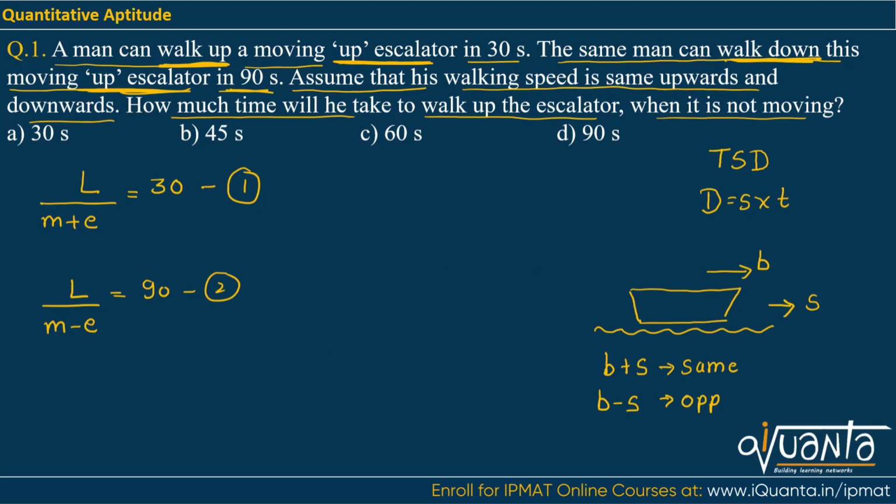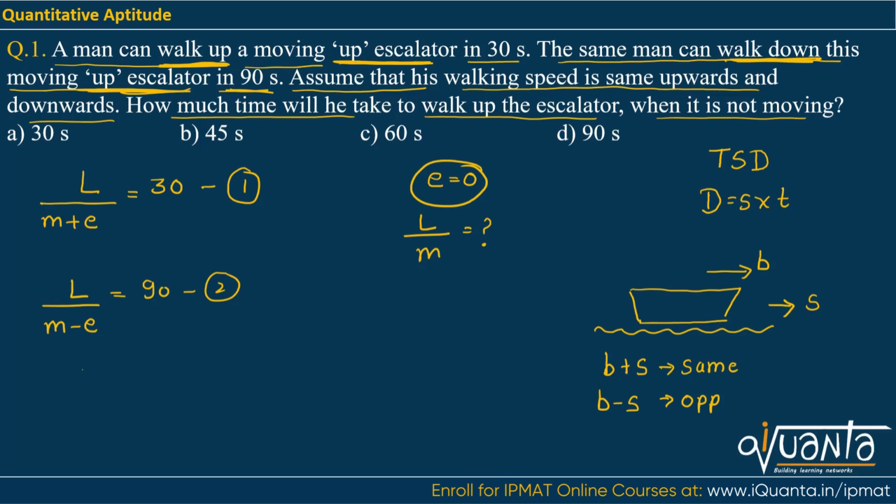Ultimately, we are asked how much time will he take to walk up the escalator when it is not moving. So the escalator is not moving, that means the speed of escalator will be 0 now. So we need to find out when the man is walking up, L upon M, because this is the time that the man will take to walk up the escalator when it is not moving. Its speed is 0.